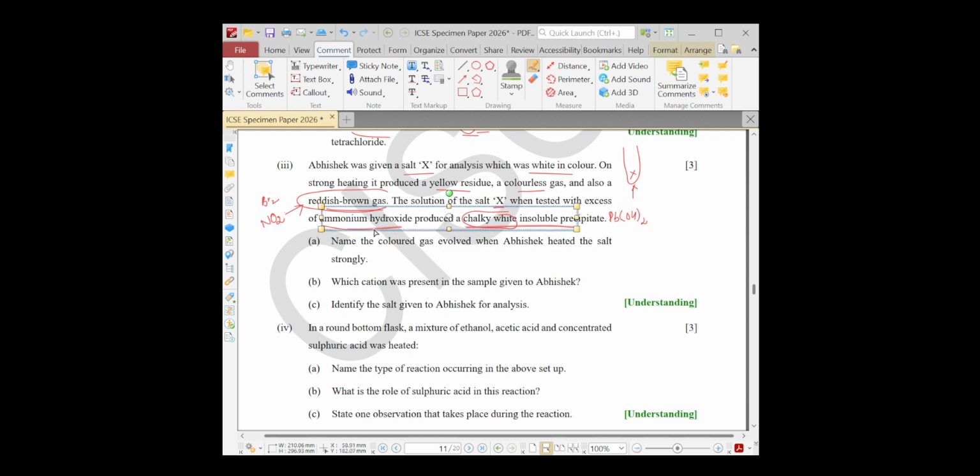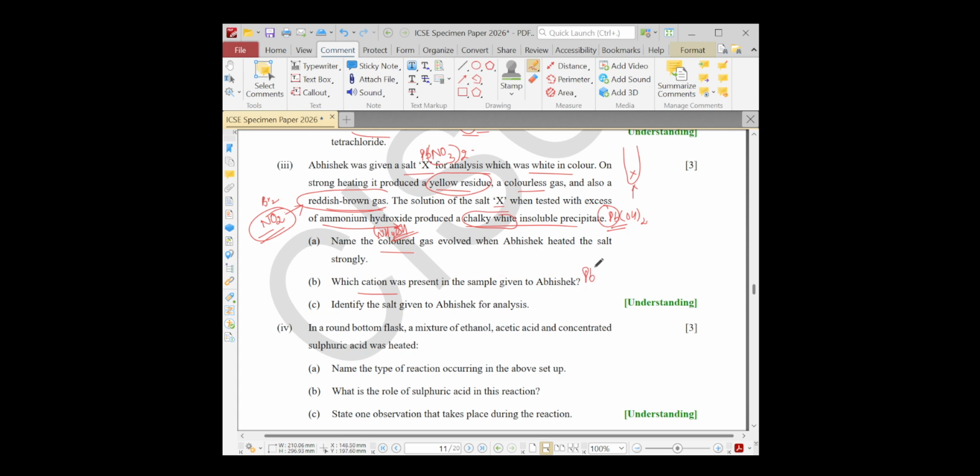Okay, so the chalky white precipitate is of lead hydroxide, right? When ammonium hydroxide is added, this is formed. Now this shows there is a lead ion here. That means the salt contains lead ion, and most probably because the yellow residue is of lead oxide, the salt is lead nitrate. Okay, so name the colored gas evolved. The colored gas is nitrogen dioxide. Which cation is present?